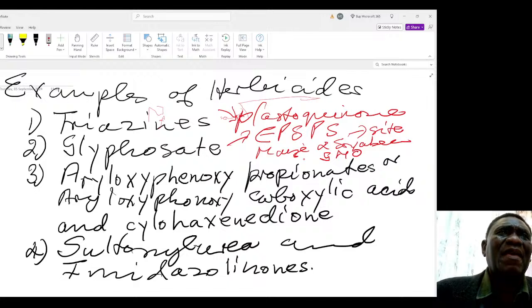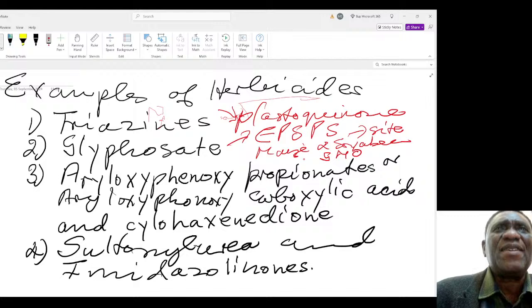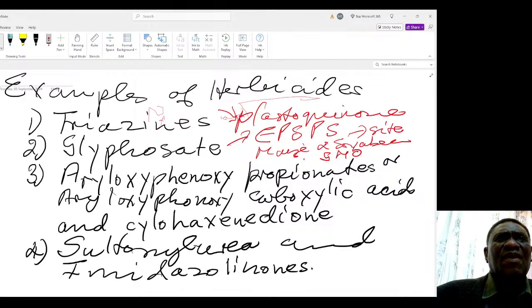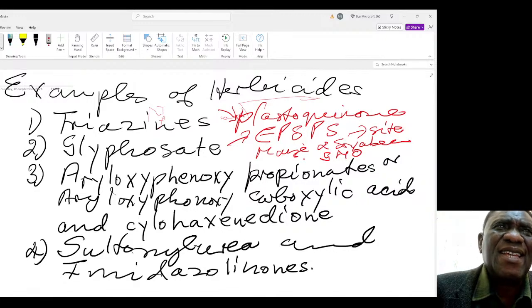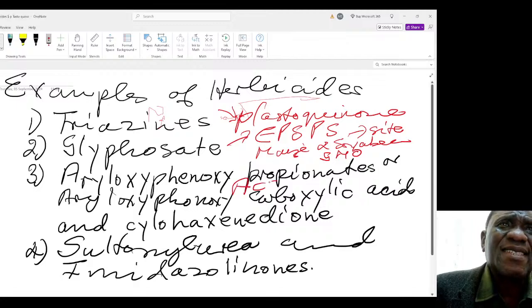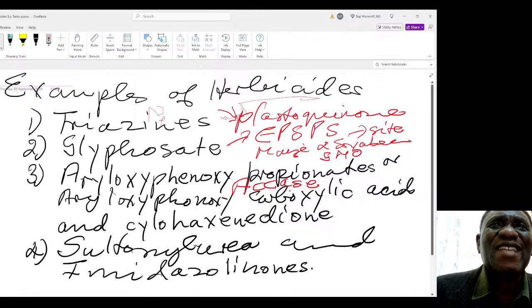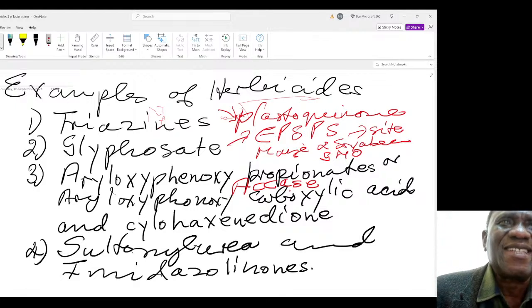Now, with the allyloxyphenoxypropionates, we have an enzyme which I will just shorten like this, ACCase. Acetyl coenzyme A carboxylase, and you can write it in short like this.